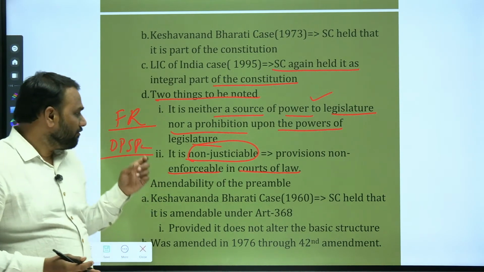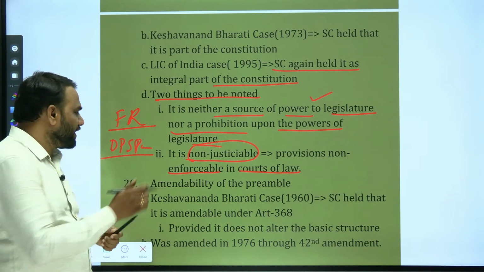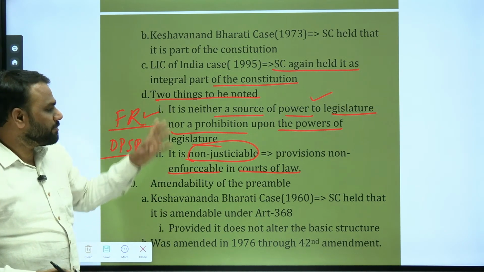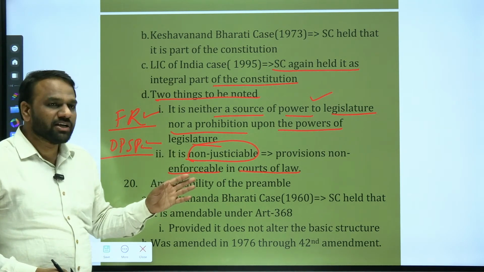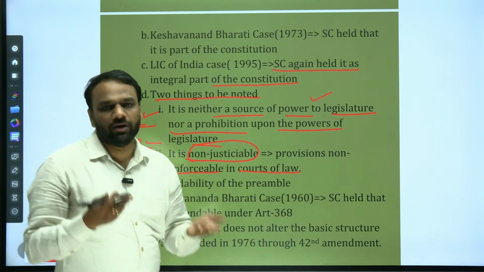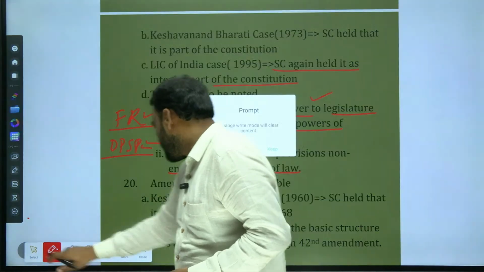But when the DPSPs are not being implemented properly, you cannot go to the court. So that's why they are non-enforceable. Similarly, this preamble is non-justiciable. It means you cannot go to the court saying that the provisions of the preamble have not been implemented by the government. So it is non-justiciable.